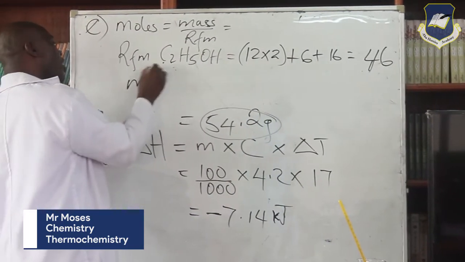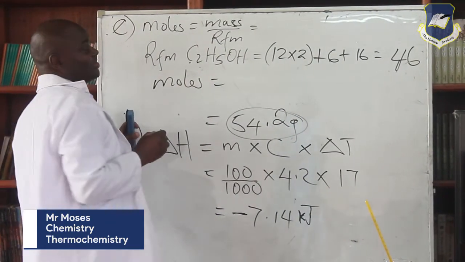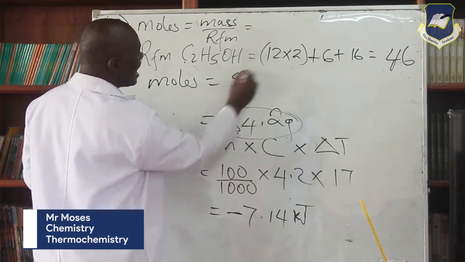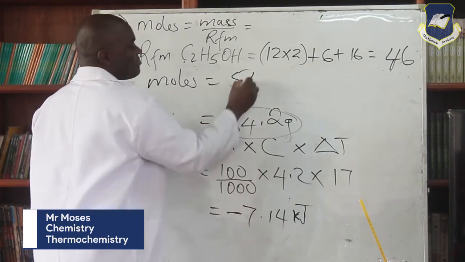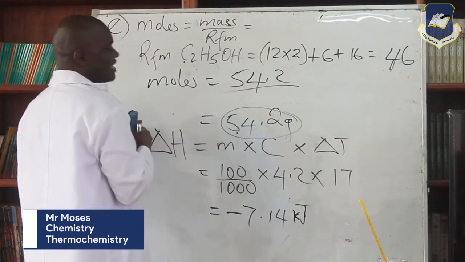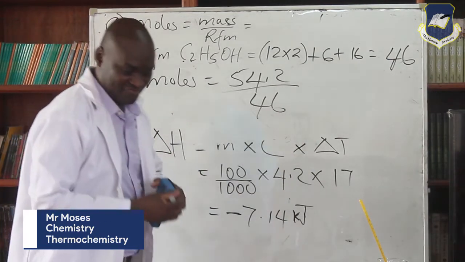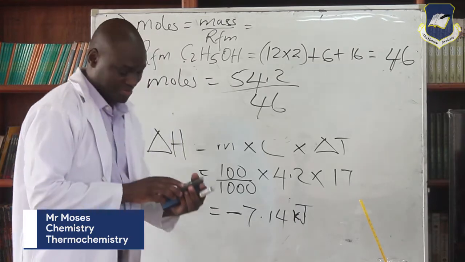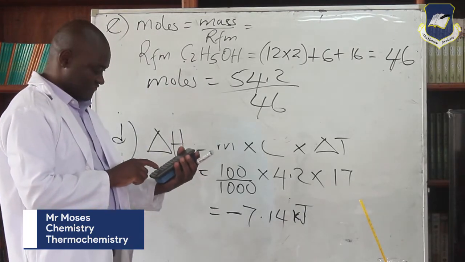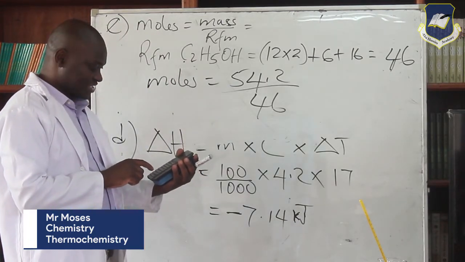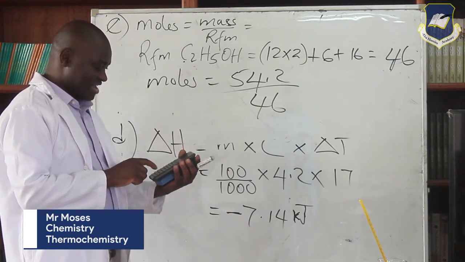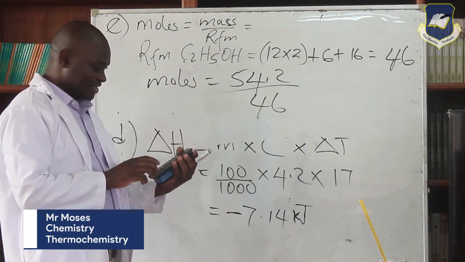Now we come to moles of ethanol, which is the mass of ethanol burnt divided by the RFM, which is 46. Very, very fast. We'll have 54.2 divided by 46.